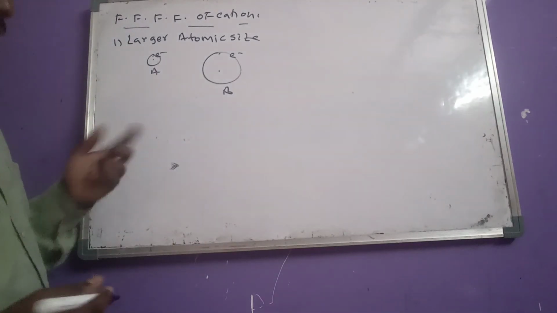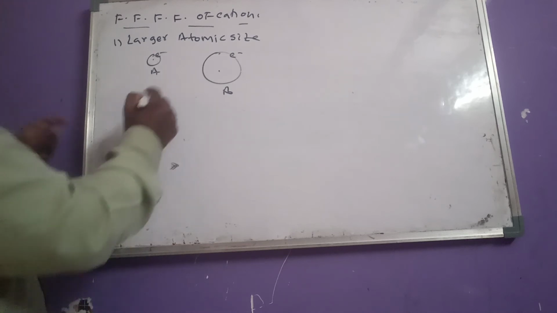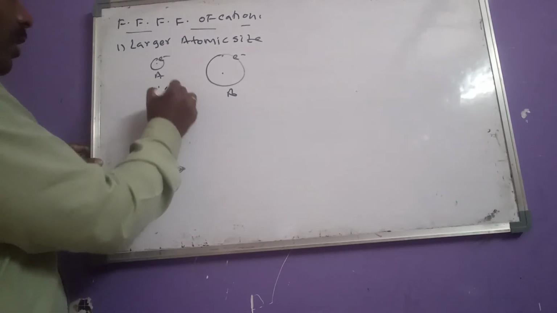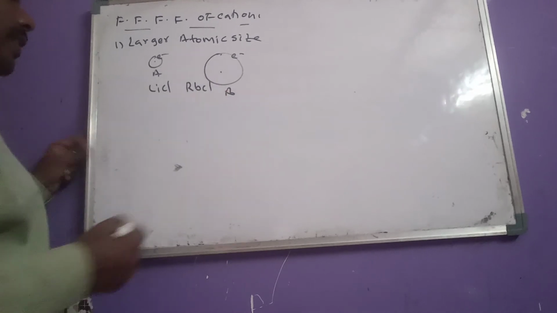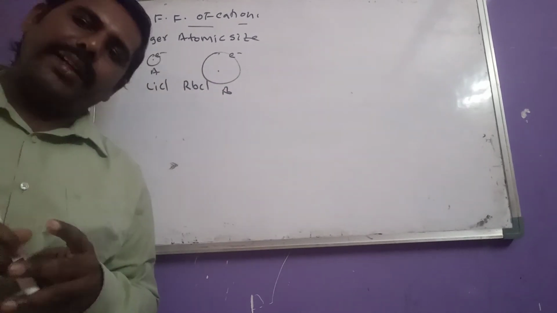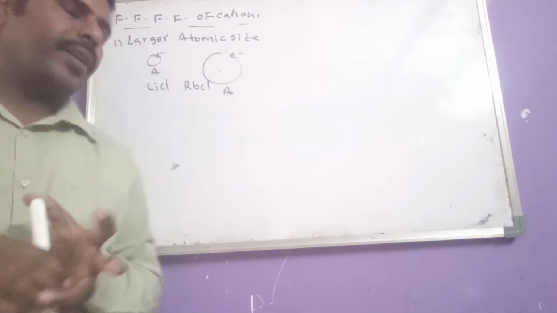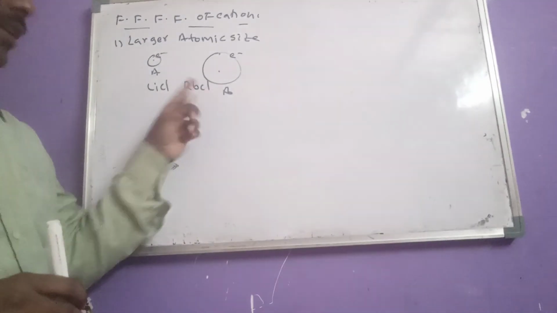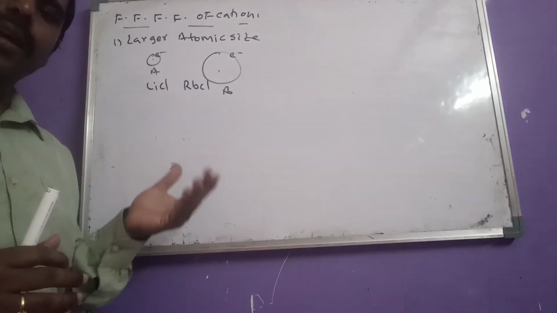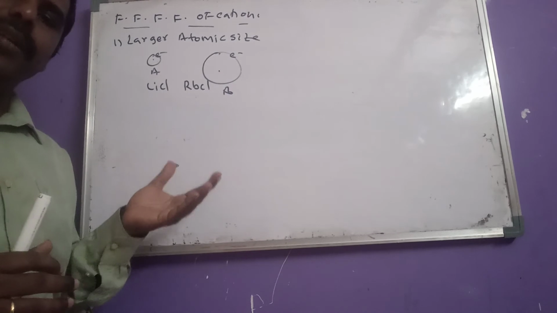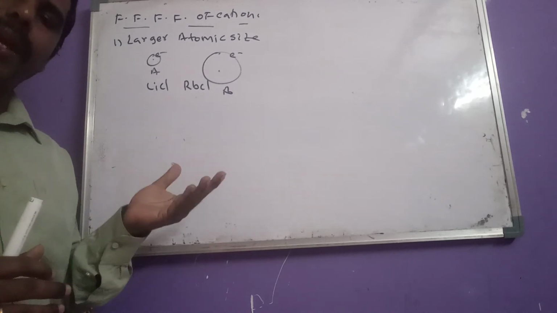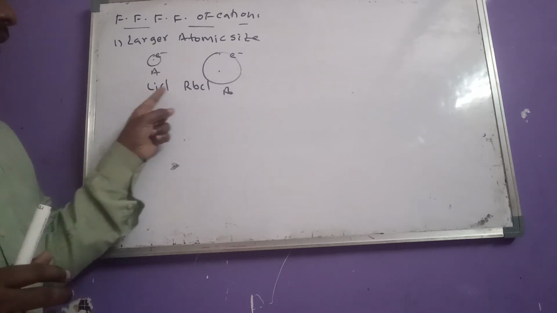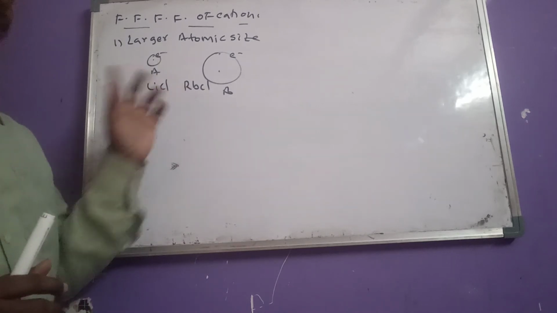Now regarding ionic nature, one question here. Lithium chloride and rubidium chloride, which has more ionic nature? That is the question. Of course here the anion is the same, so there is no need to consider the anion to decide its ionic nature. Now consider the cation, lithium and rubidium.